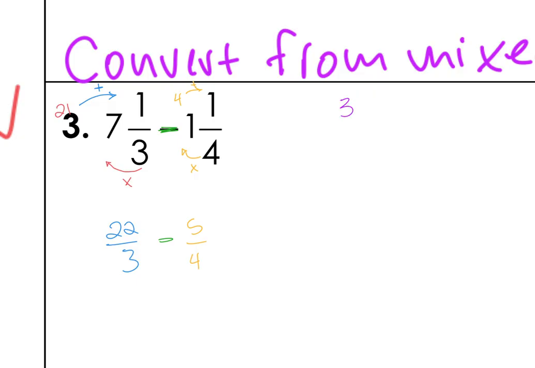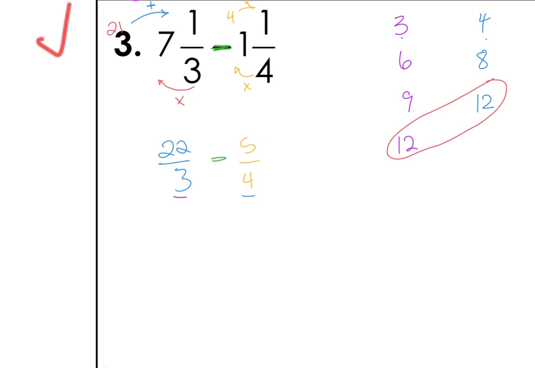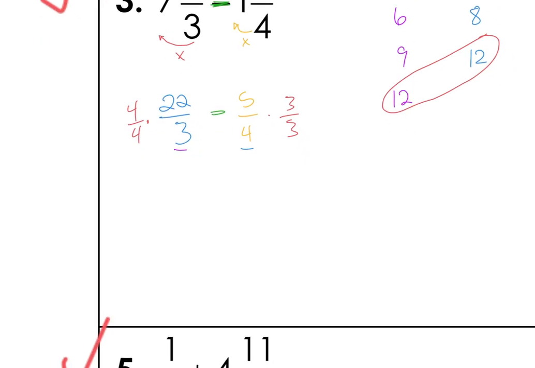So, least common multiple: 3, 6, 9, 12. 4, 8, 12. Why am I doing that? Because 3 and 4, right? What is our least common multiple? It would be 12. So again, this is technically the method that works 100% of the time, where we multiply this one by 4 over 4 and this one by 3 over 3, just a coincidence.